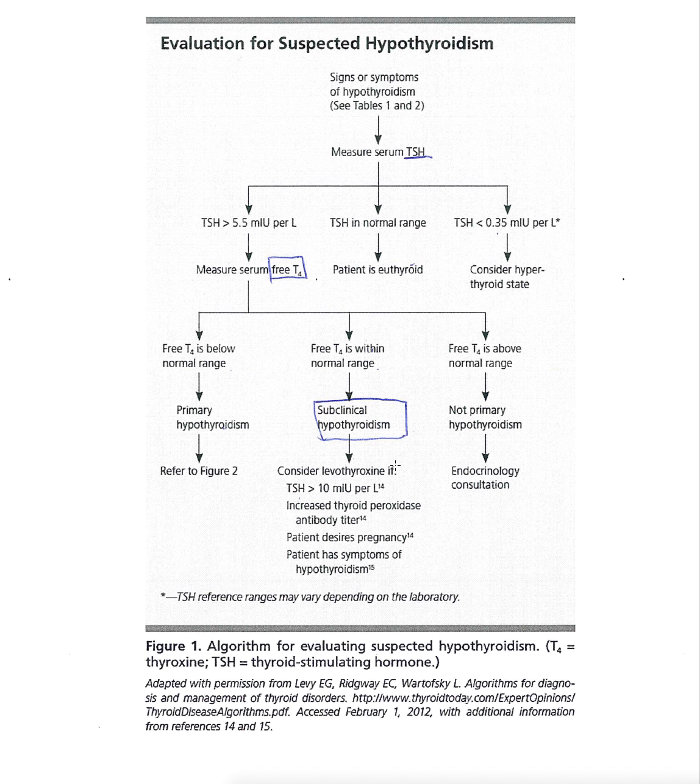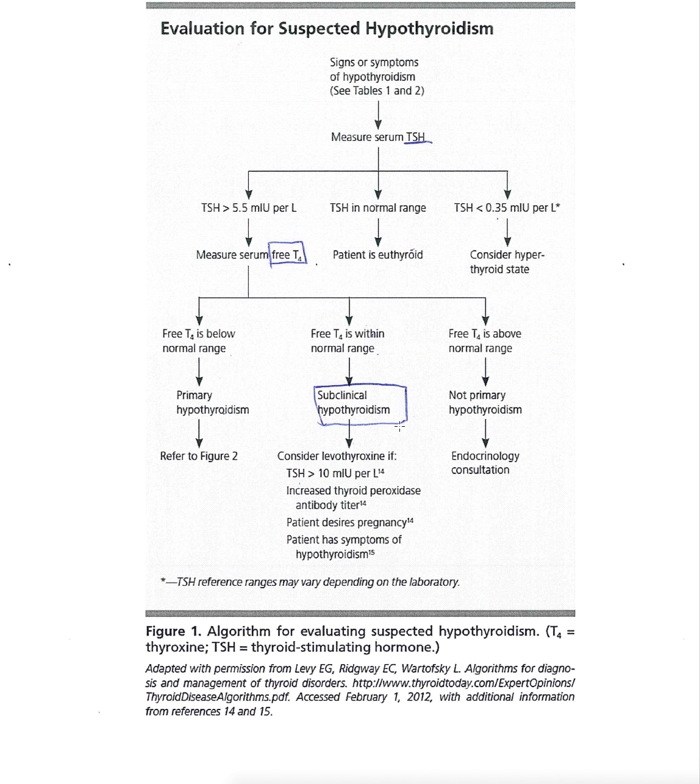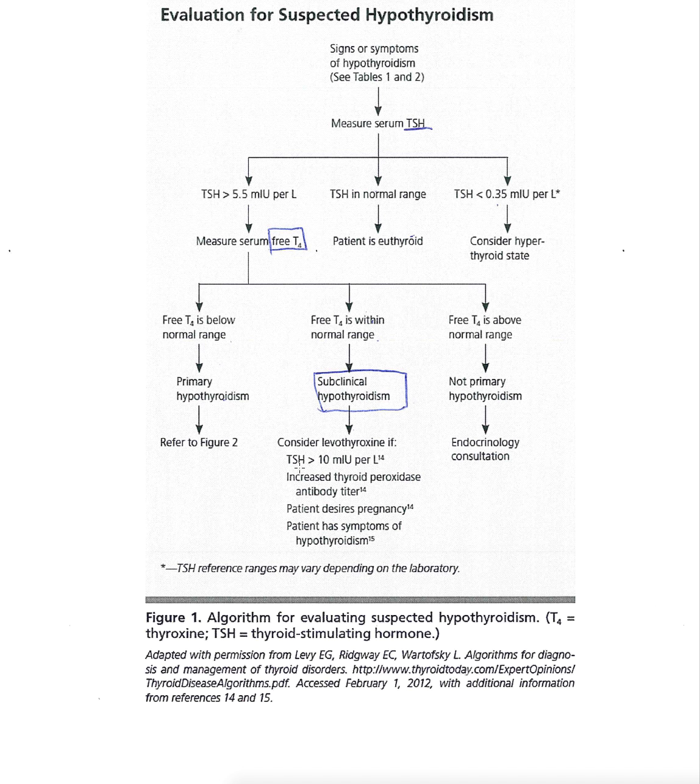It was a little bit controversial whether we should treat these patients or not, but when a patient presents with subclinical hypothyroidism, we can consider initiating therapy with levothyroxine if their TSH is high, like over 10, or they have increased thyroid peroxidase antibody titer, meaning that they are likely to have autoimmune Hashimoto's disease.